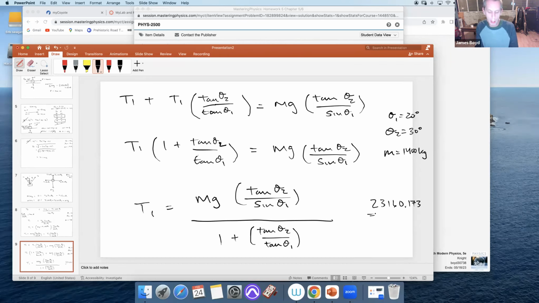In the bottom, I have 1 plus tan of 30 divided by tan of 20, and that is 2.58625. So 23,160 divided by that answer is about 9,000 newtons.